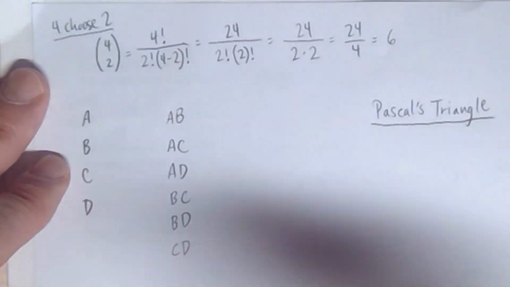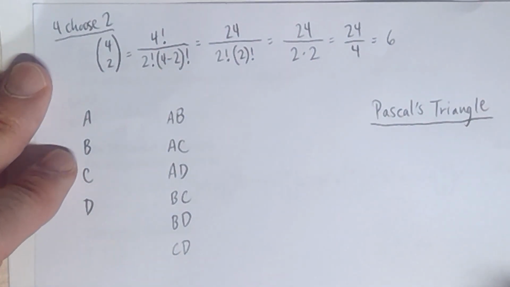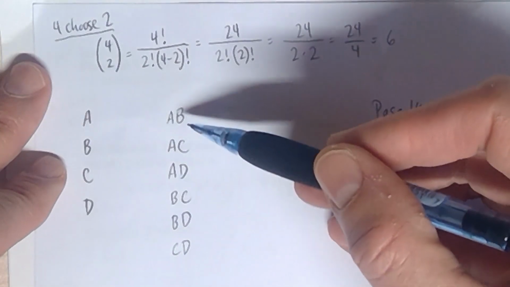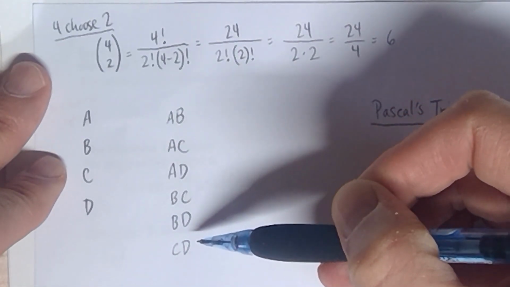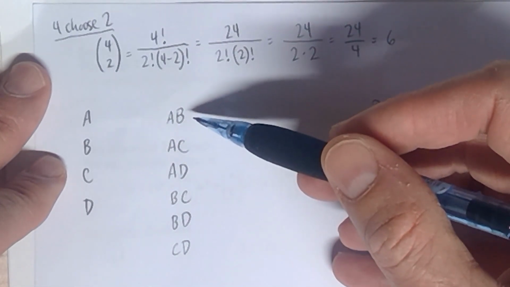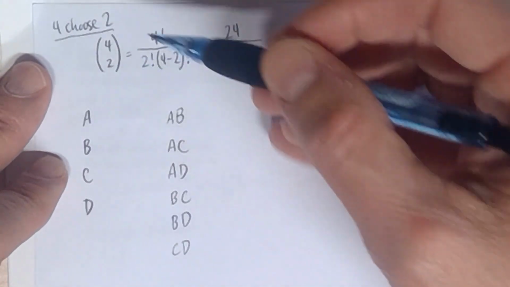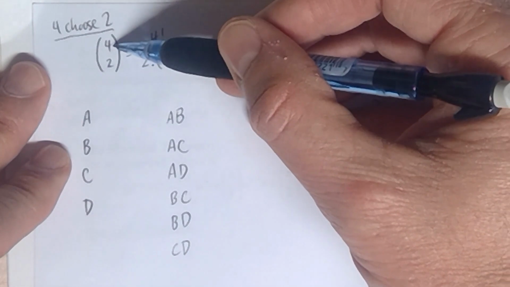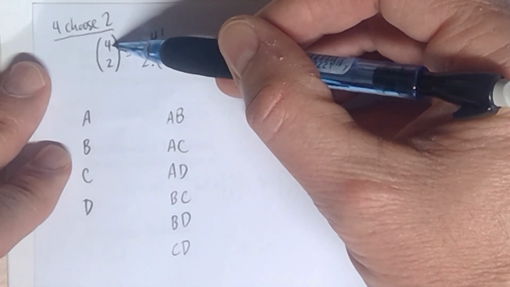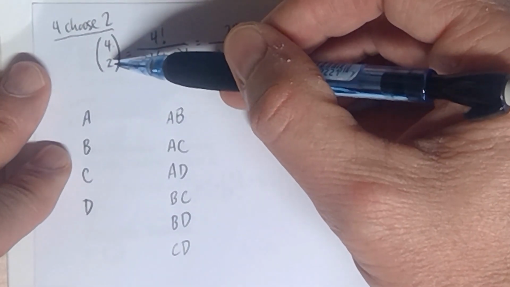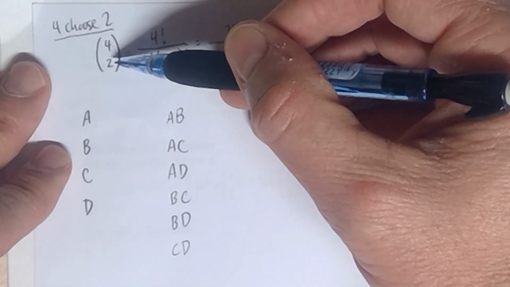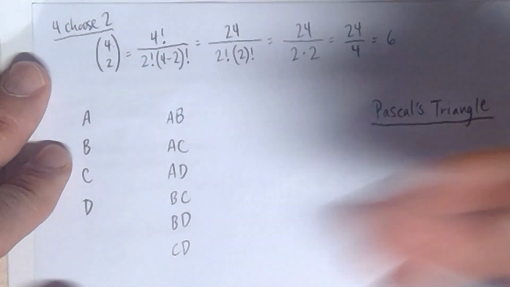So this formula tells you how many different combinations there are, and that's good news because I can't always write out all the different combinations. That's only realistic if you have small numbers. Let's say I had 50 people in a group and I asked how many different ways I can choose 10 people out of that group to form a new subgroup.